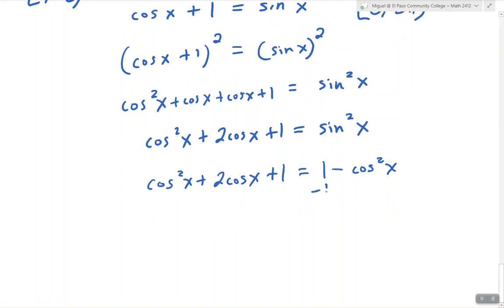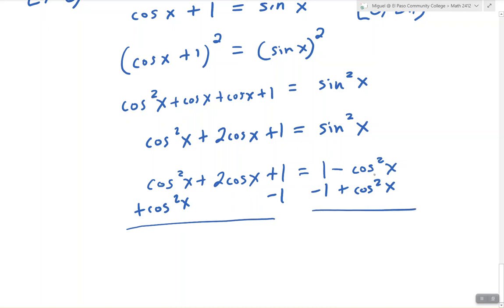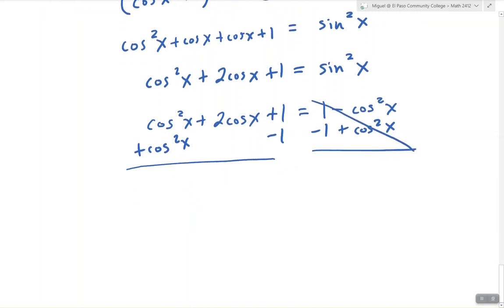If I move this over here and add this on both sides, over here I would have 2 cosine squared of x plus 2 cosine of x, and the constants happen to cancel out here.